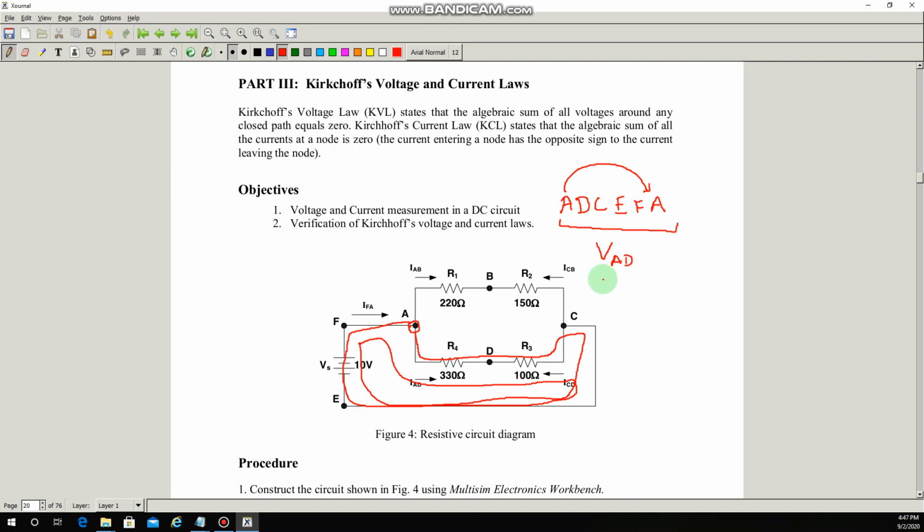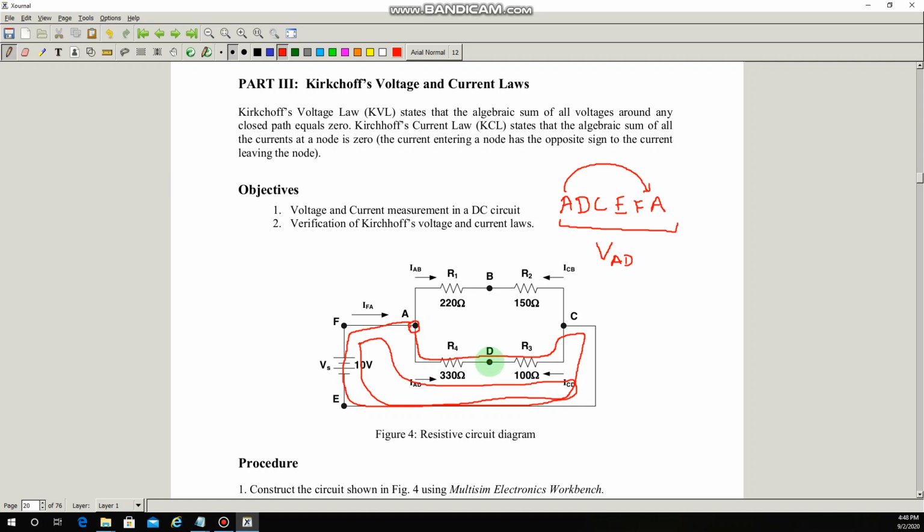What does this mean? This means the voltage across the resistance R4. Why across the resistance R4? Because R4 is the component that lies between the nodes A and D. In other words, we can say the voltage VAD is the voltage difference between node A and node D.